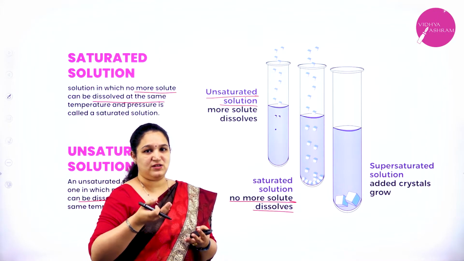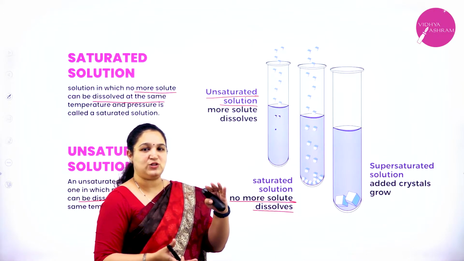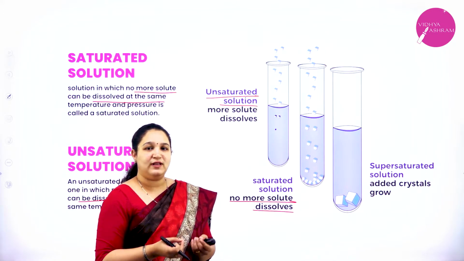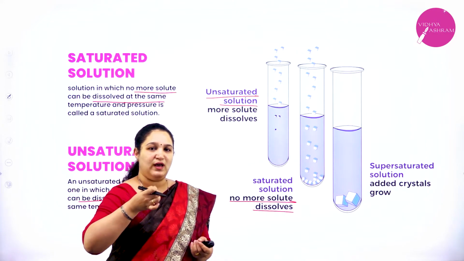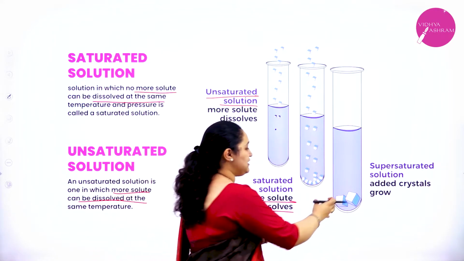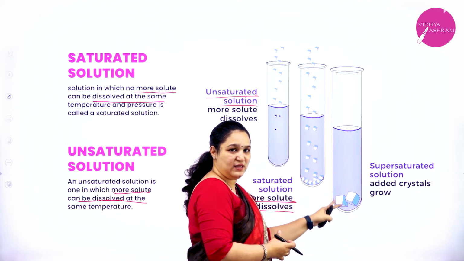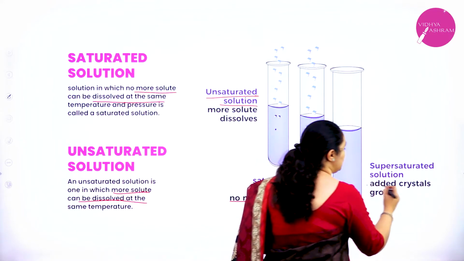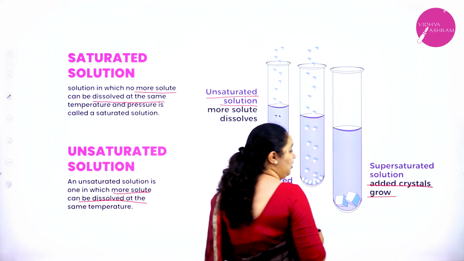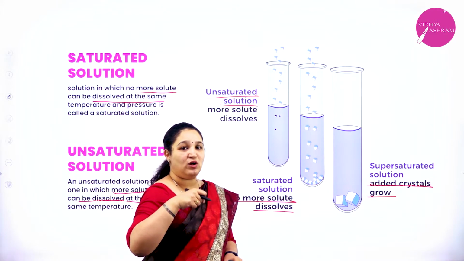That is, if I change the temperature, it will take some more solute and it becomes a supersaturated solution. Now if I add a tiny amount of crystal, then that crystal will start taking up all these extra solute particles which were in that solution, and the crystal starts to grow. Always, that adding of a tiny solute particle we call seeding.